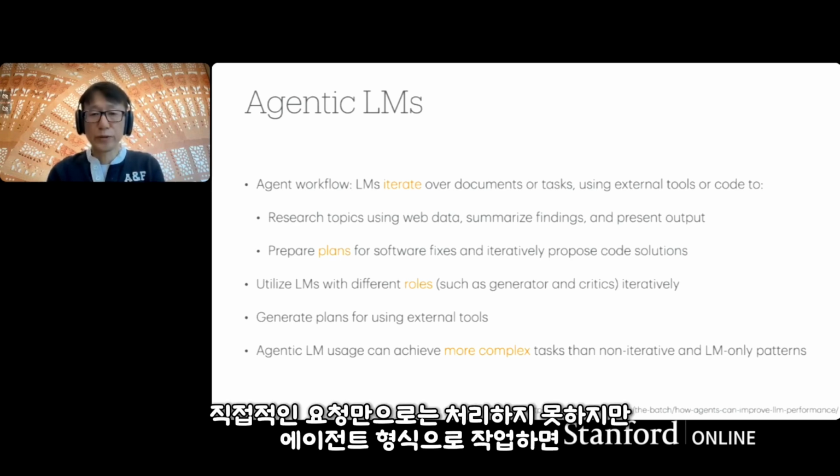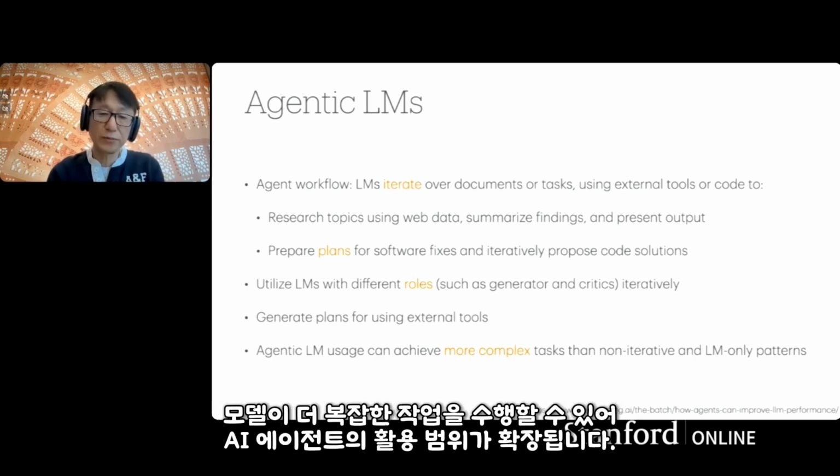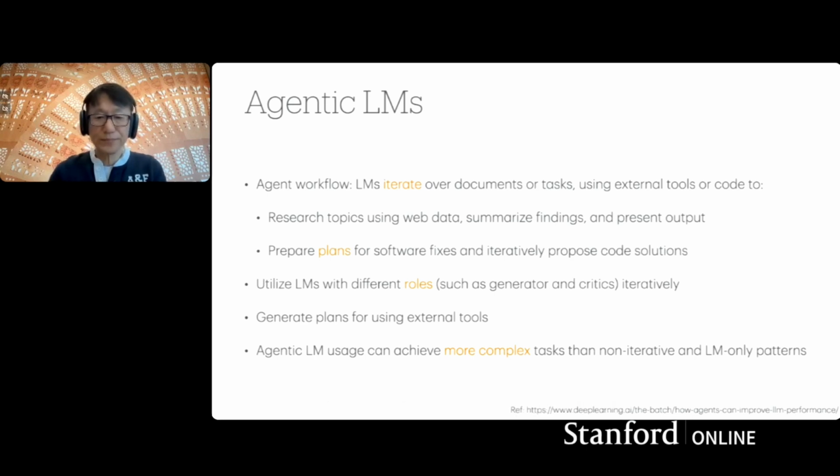However, if you put your task in this type of agentic format or pattern, then the model will do more complex tasks, even using a model that may not be able to do it if you don't do it this way. So that's one of the reasons that agentic language models are pushing the boundaries, so that the things we can do with AI agents are more complex or cover different domains that we can rely on.